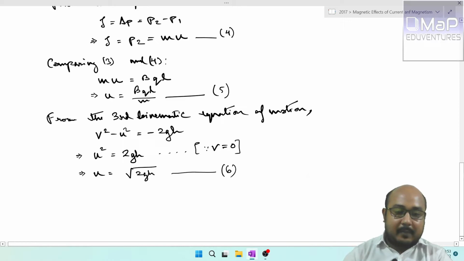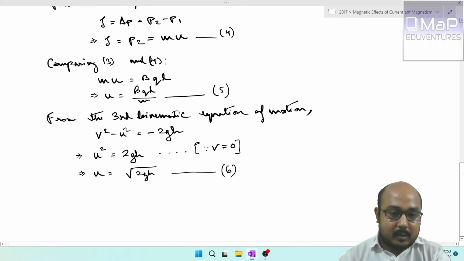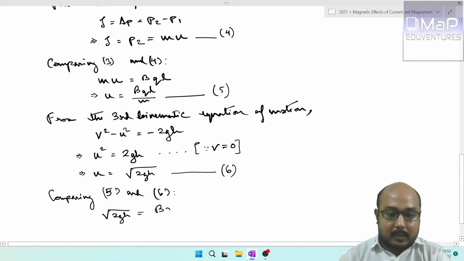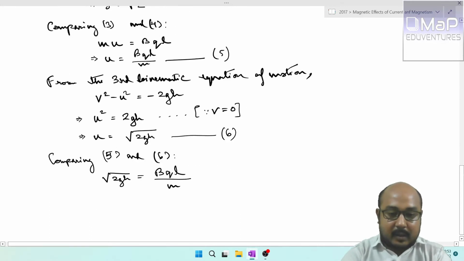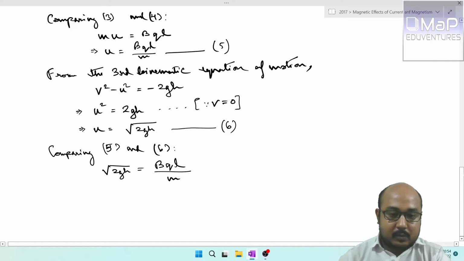Now equations 5 and 6 are both expressions for u. Simply comparing, we have square root of 2gh equal to B q l by m. I need an expression for q, so q will be equal to m times square root of 2gh divided by B l, equation number 7.